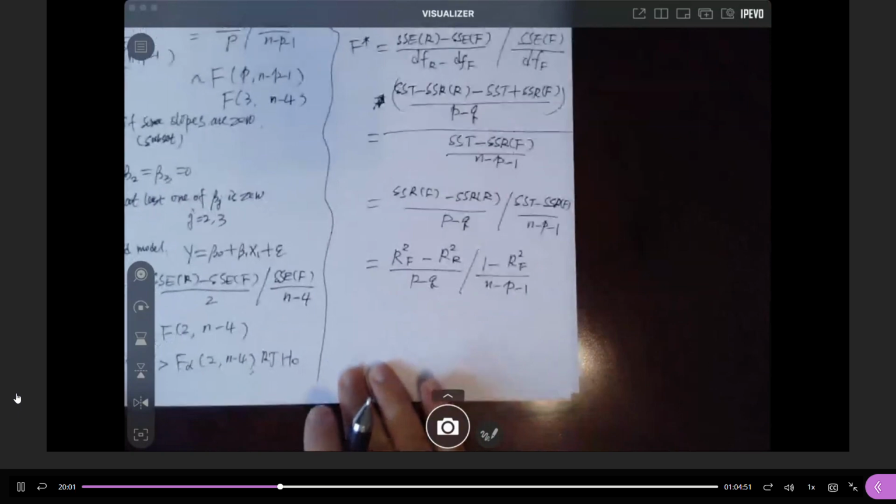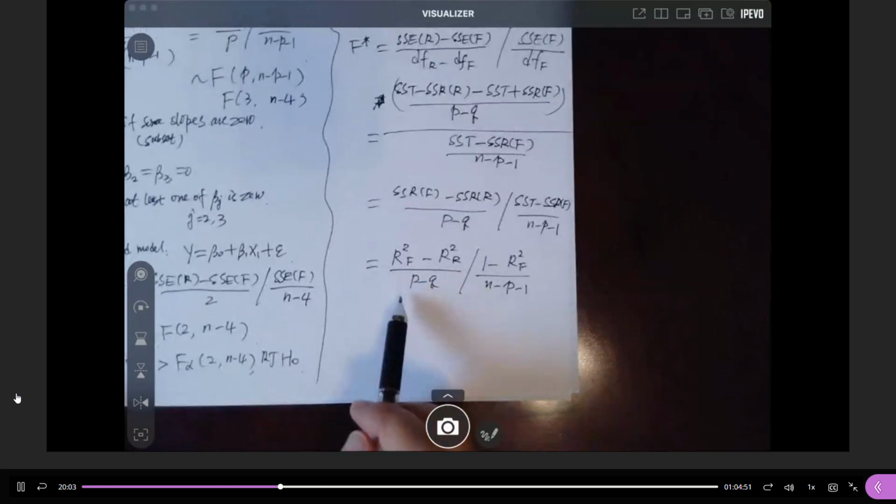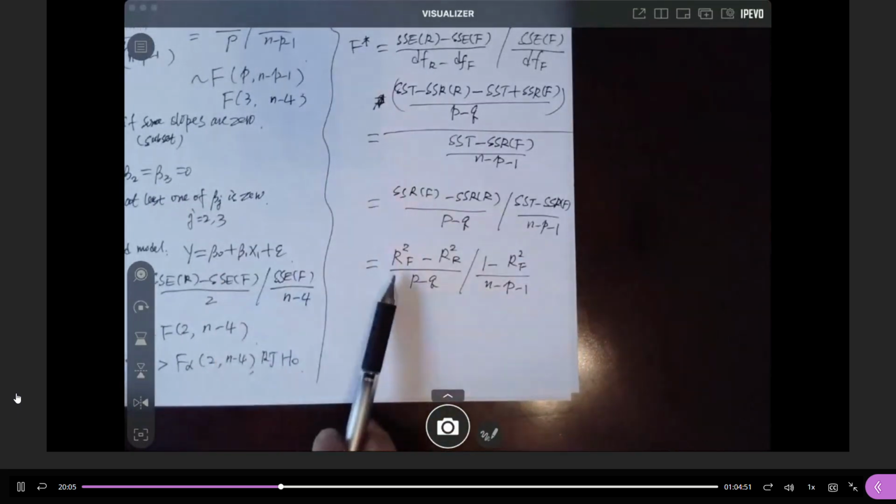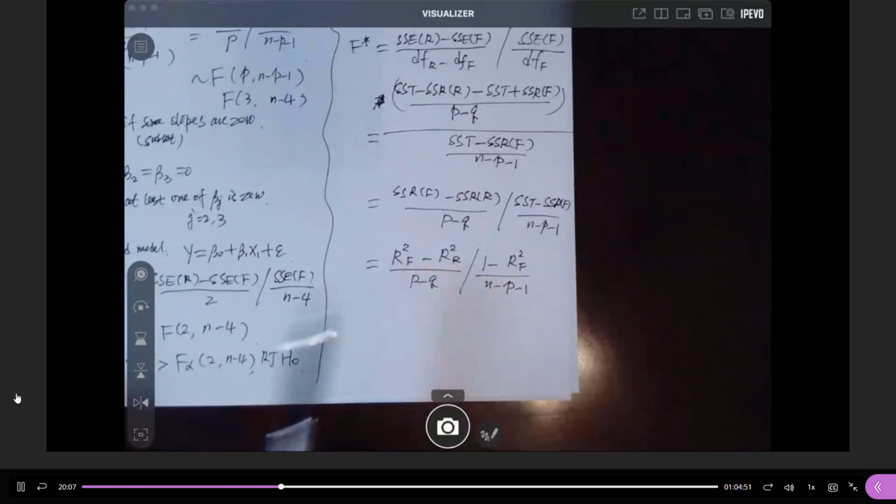So if you use the software, you get R squared, and you can still come up with your F test by plugging in the R squared like this. This should be relatively straightforward, right? It should be very convenient to use if you can automatically get your R squared from your software. All right.